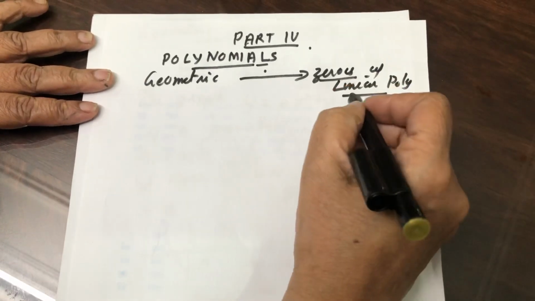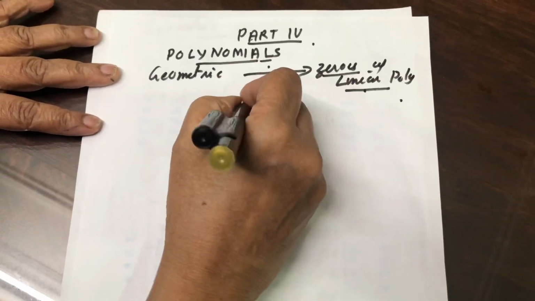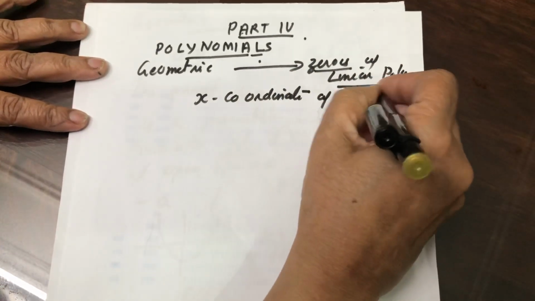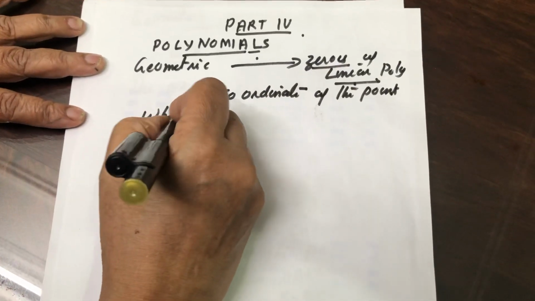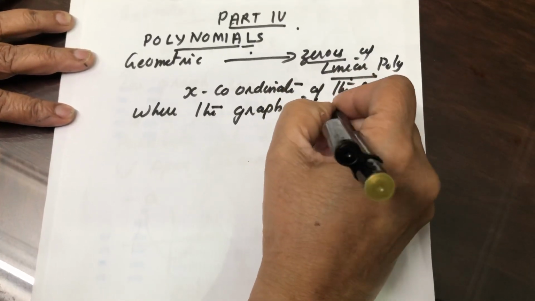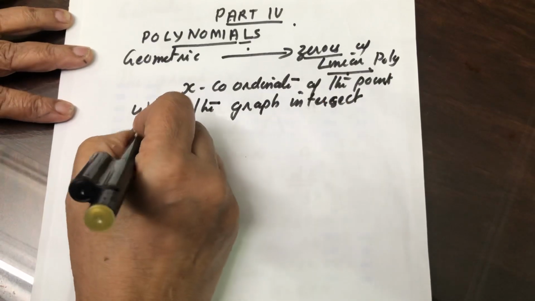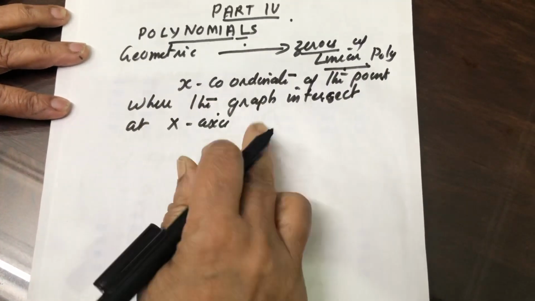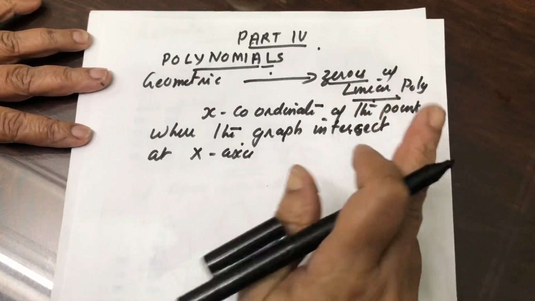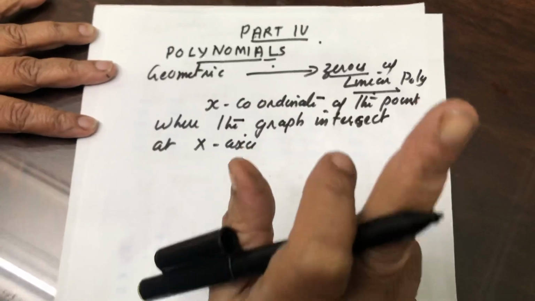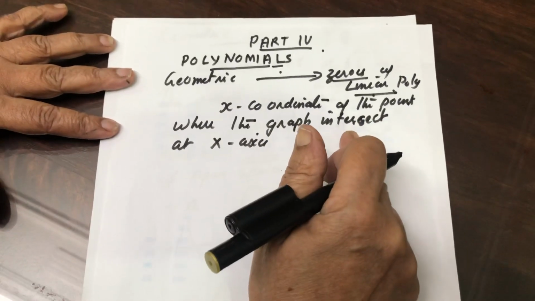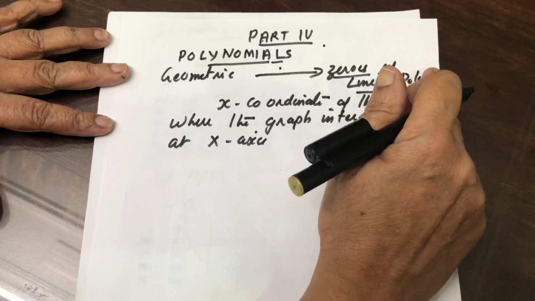The zero of a linear polynomial is the x coordinate of the point where the graph intersects the x-axis. Here the graph of the linear polynomial is a straight line. The straight line intersects the x-axis at exactly one point. The x coordinate of that point gives you the zero of the linear polynomial.